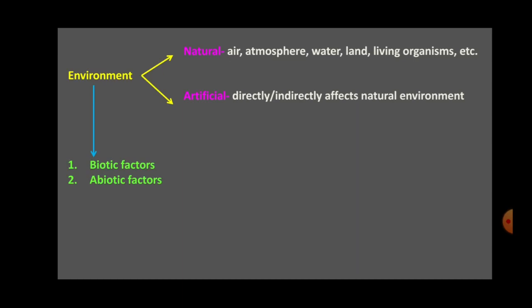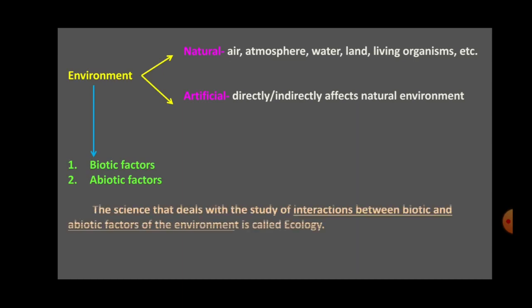Factors are biotic and abiotic. Now, the science that deals with the study of interactions between the biotic and the abiotic factors of the environment is called ecology. Let me tell you, when you move to your higher standards, if you choose biology, you might have this subject ecology, or you might also study it as a small part of higher studies.